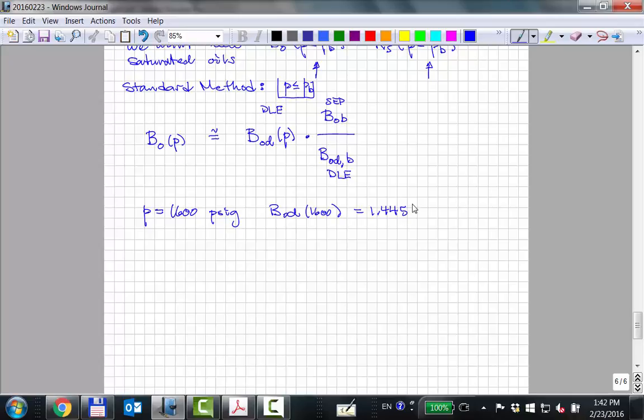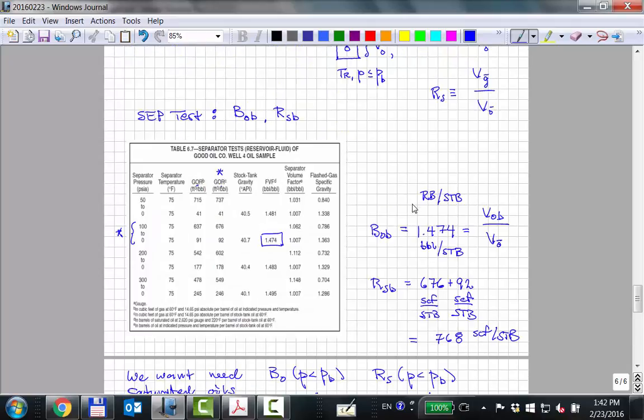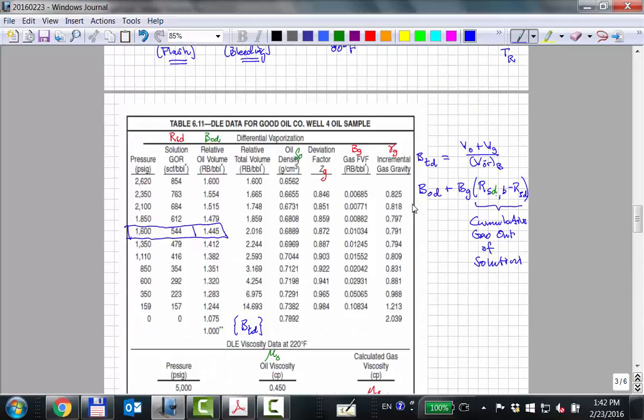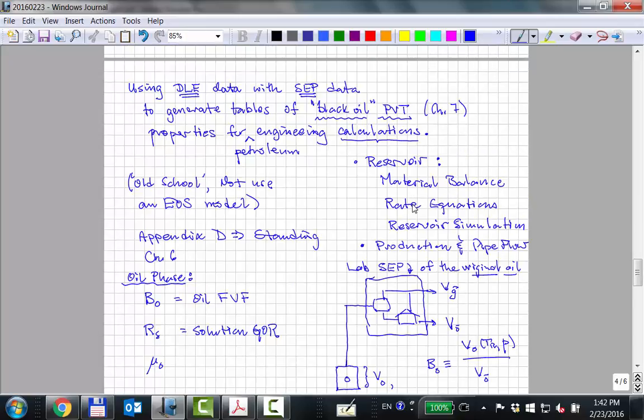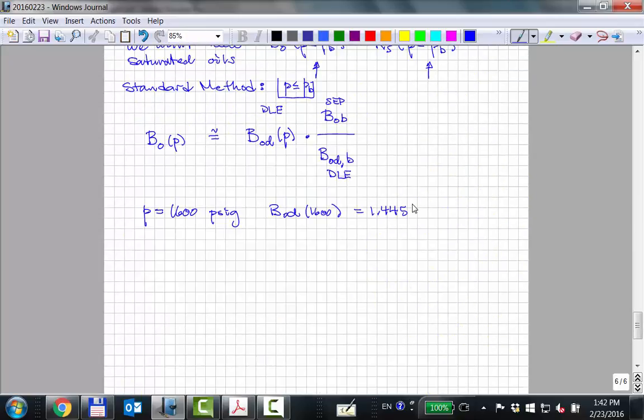Is that right? I can't remember. 1.445 at 1600. And that's in reservoir barrels per what? Residual barrel.